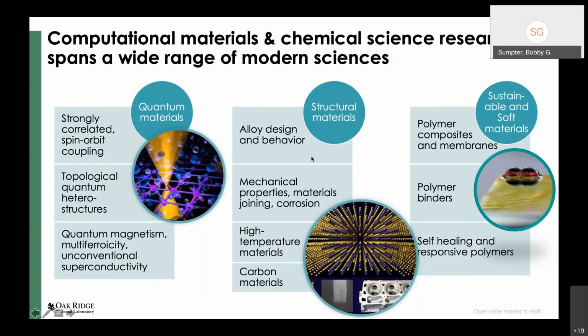Structural materials such as alloys, various composites and structures that are used in automotive and aerodynamics, as well as buildings and other areas of technology. Polymers and soft materials, self-healing, smart materials. There's a new class of materials that actually can break and reheal themselves. Well, not instantaneously, but on a time scale that's fast enough that you don't lose the coherency of the material itself.